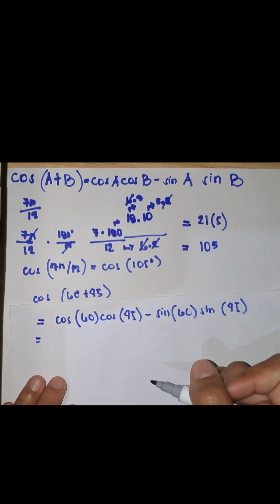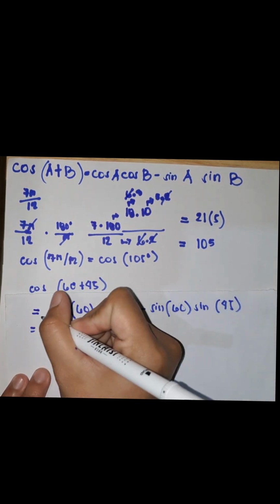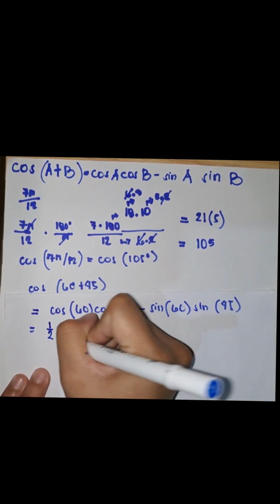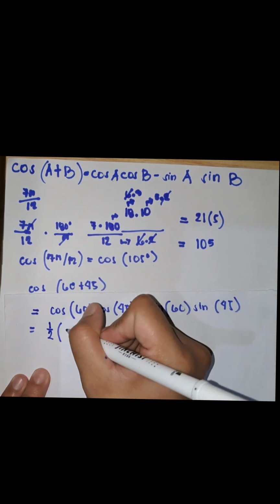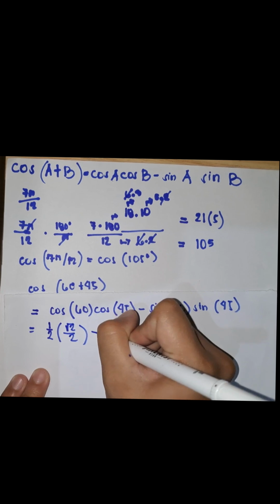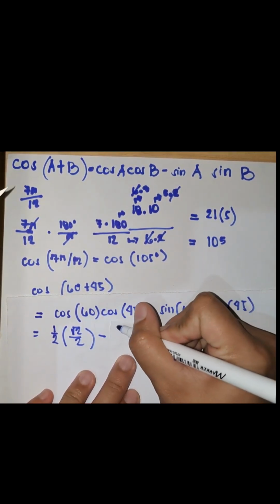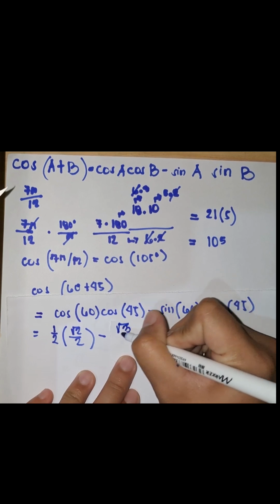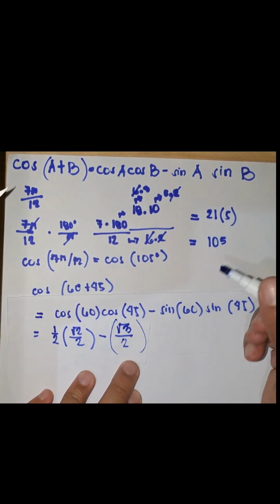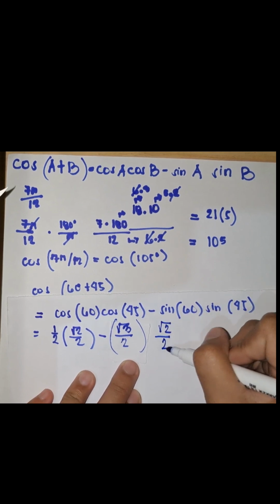Cosine 60 is 1/2, and cosine 45 is root 2 over 2, minus sine 60 is root 3 over 2, and sine 45 is root 2 over 2.